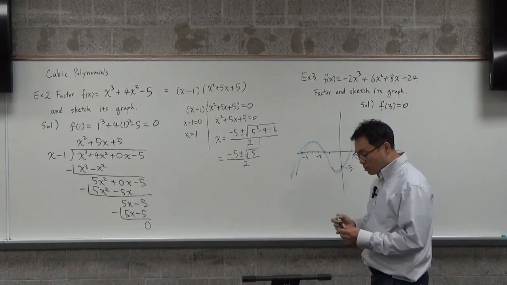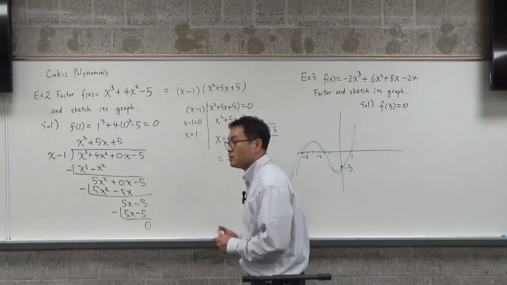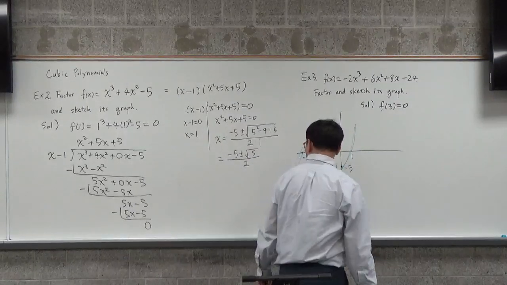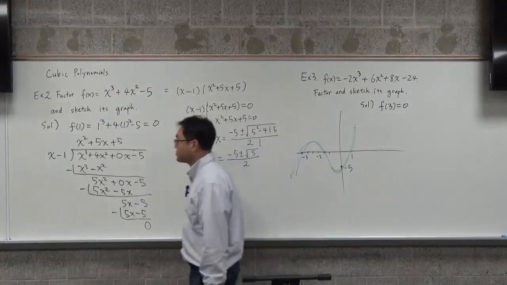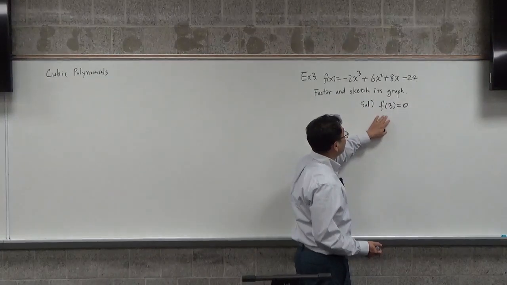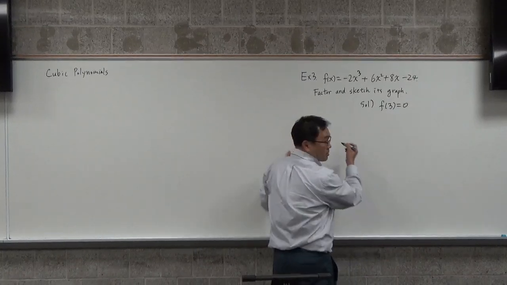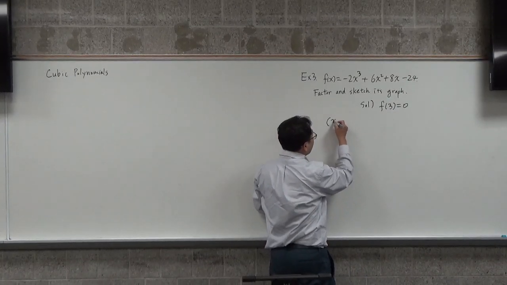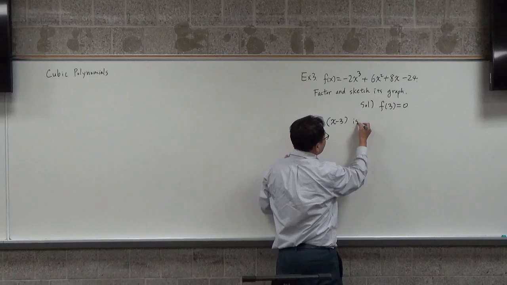Okay. Also, although f of 2 is also 0, just try f of 3 equal to 0. So the factor theorem says if f of 3 is 0, what's a factor? X minus 3 is a factor, right?